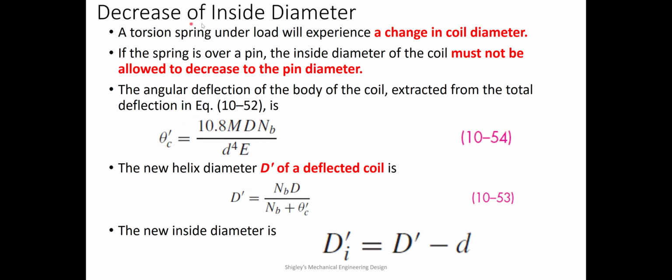Decrease of inside diameter: a torsion spring under load will experience a change in coil diameter. If a spring is over a pin, the inside diameter of the coil must be allowed to decrease to the pin diameter. The angular deflection of the body of the coil, extracted from the total deflection, is theta C prime.